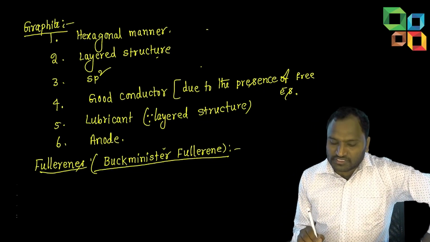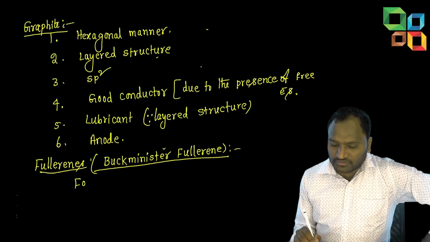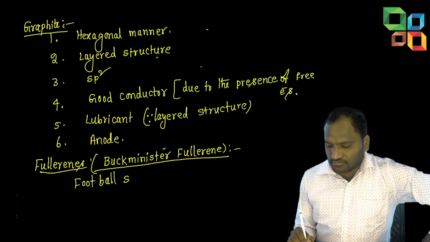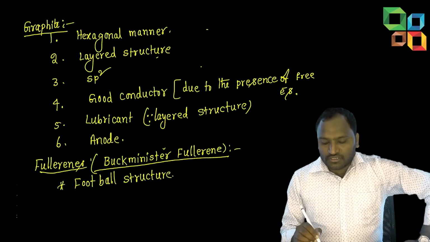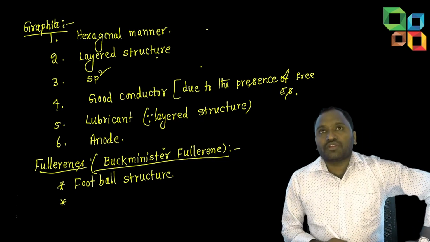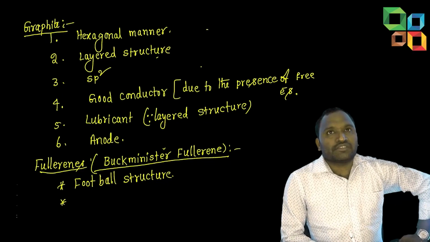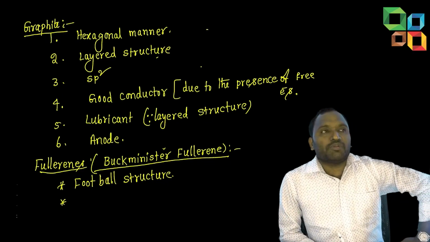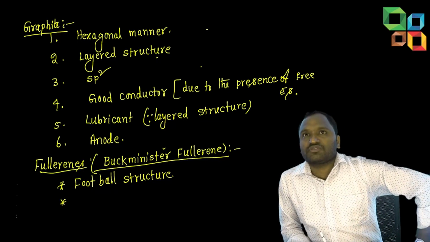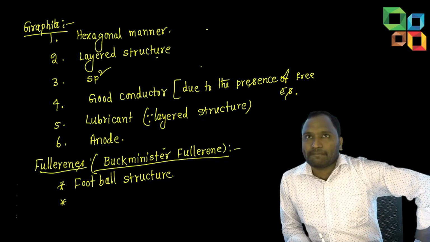Buckminsterfullerene has a football structure. It is arranged in pentagons and hexagons, meaning 5-membered rings and 6-membered rings. How many 5-membered rings and how many 6-membered rings are there, students?